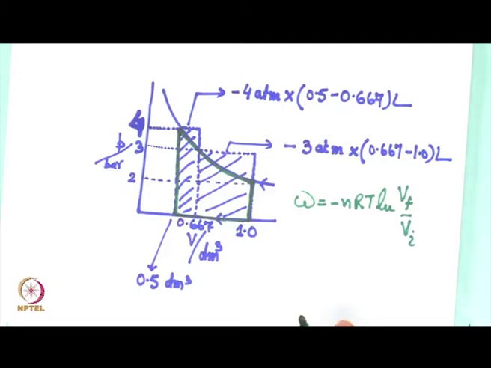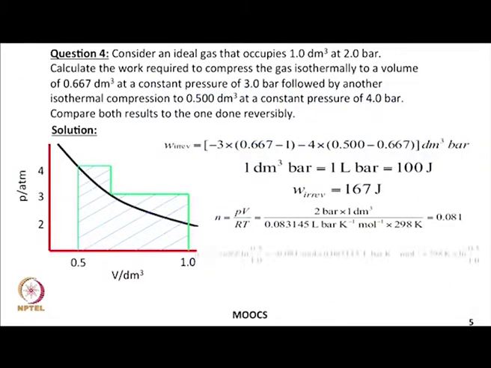And going back to the slide, we need the value of n, the number of moles, which can be easily calculated from the given information, because it is given that the gas occupies 1 liter at 2 bar.